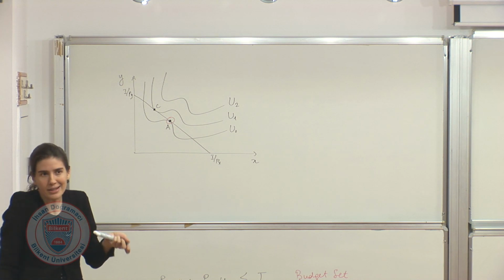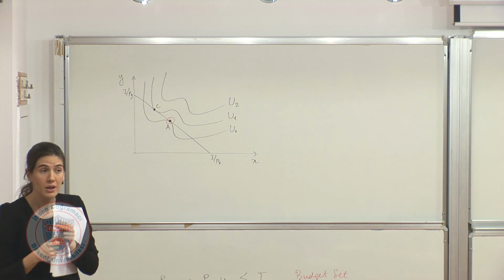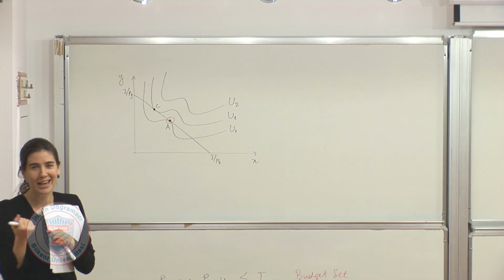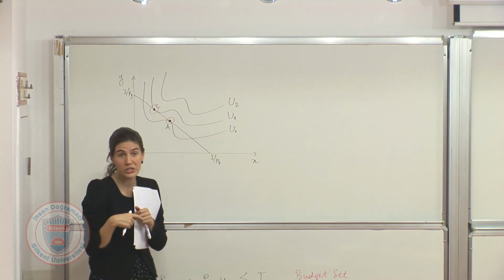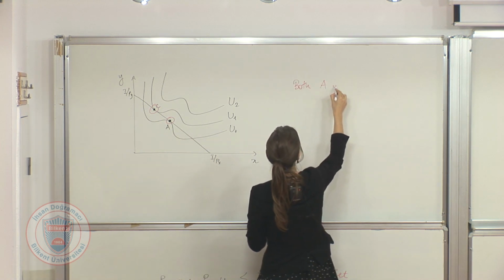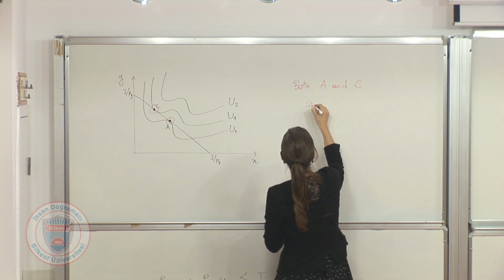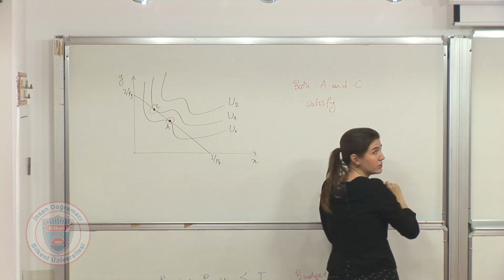Slopes are the same, right? There is tangency. Is A the optimal point, the best point? No. Which one is the best point? According to this, write C. You see, if you check these conditions, both A and C satisfy these conditions, right?